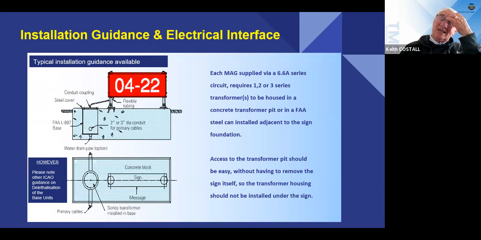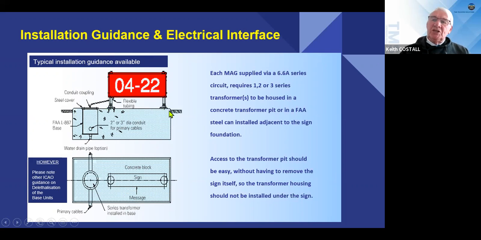The other aspect is a typical example I've shown here of an elevated guidance sign. And that elevated guidance sign with its legends is on frangible couplings. Those frangible couplings are bolted into a structure, a base unit, a concrete structure that is buried in the ground.